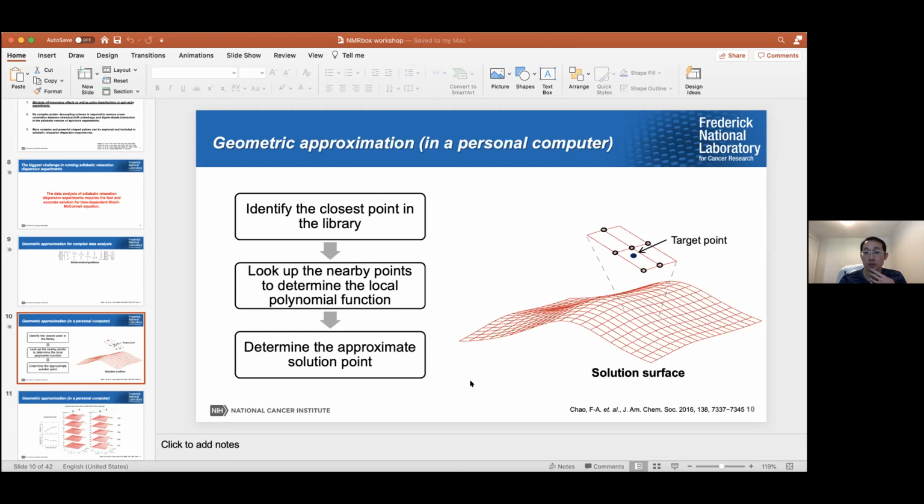But even the biggest one I computed, the library for the methyl one, took me like 1 or 2 months with 128 cores of a cluster. But once you finish the computation, this is not the big issue. You can reuse the library.